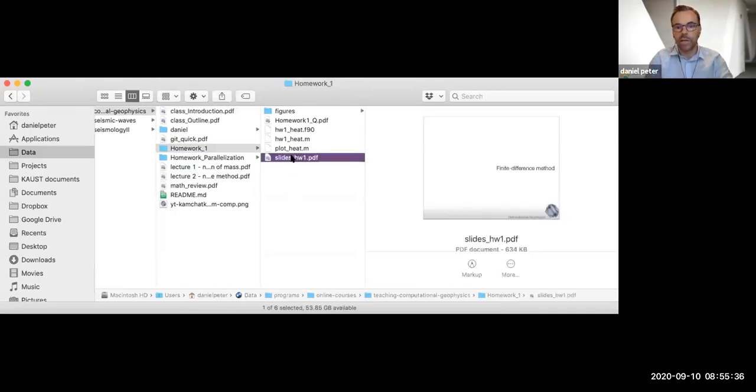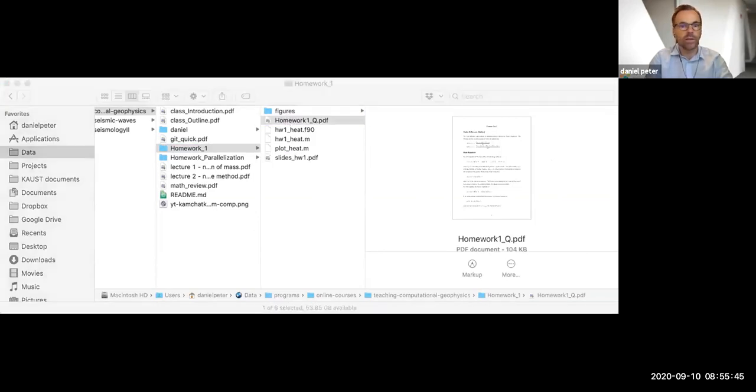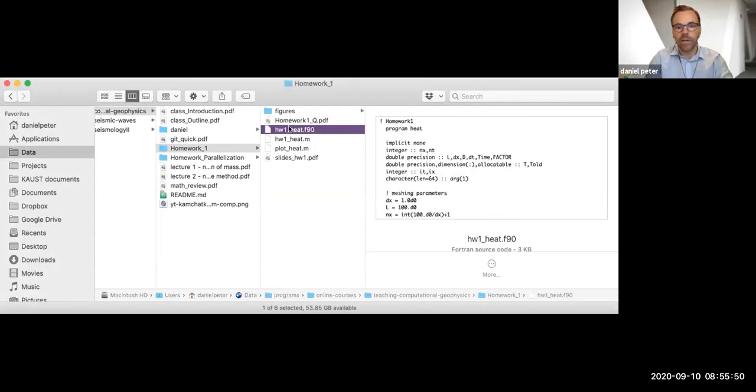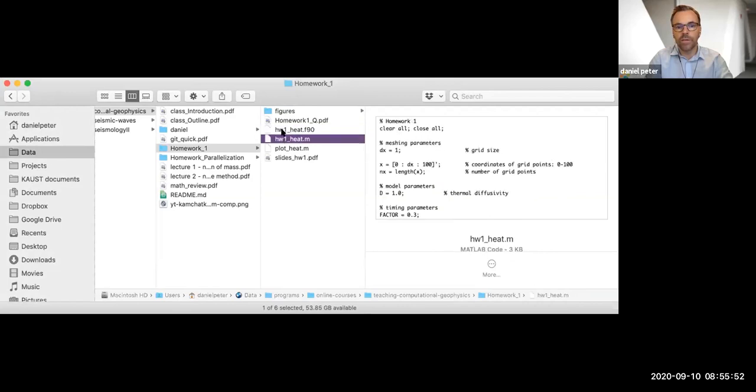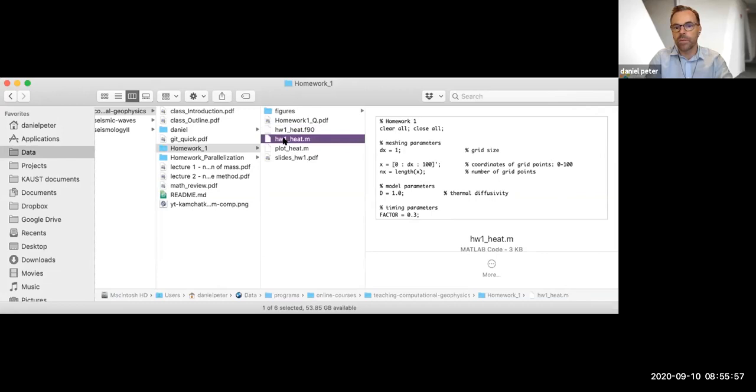You will have the slides, that's the slides I just showed you, the slideshow, and the homework that explains what your homework will be. And then I have these two templates. One is in Fortran, another in MATLAB. Choose which one you like. If you want, you can just rewrite it in Python and do it in Python or another language you prefer.